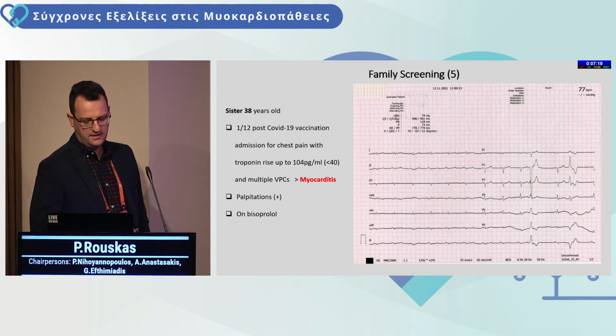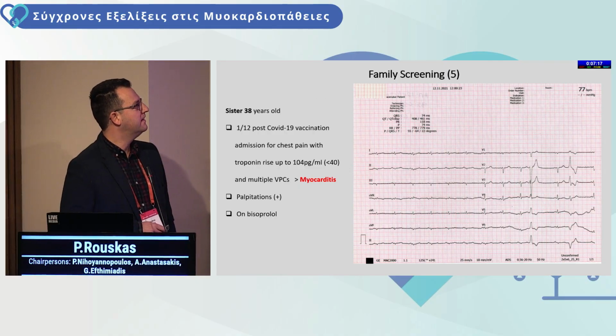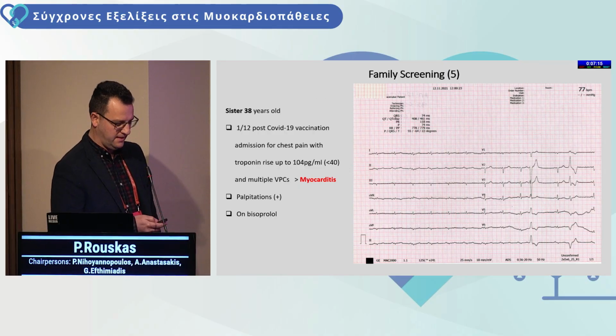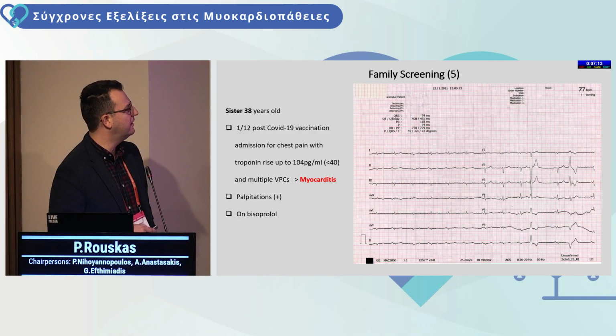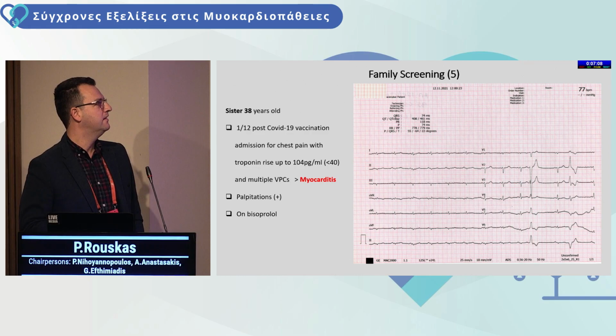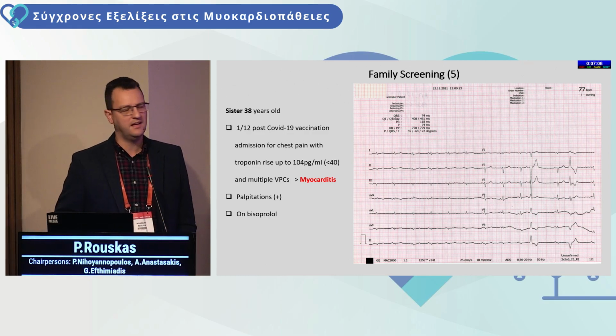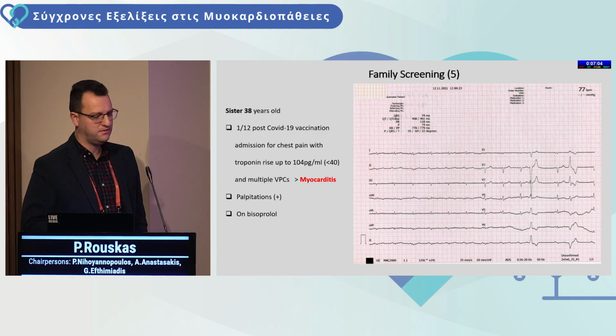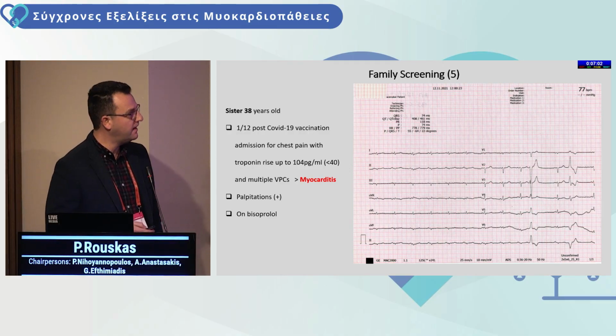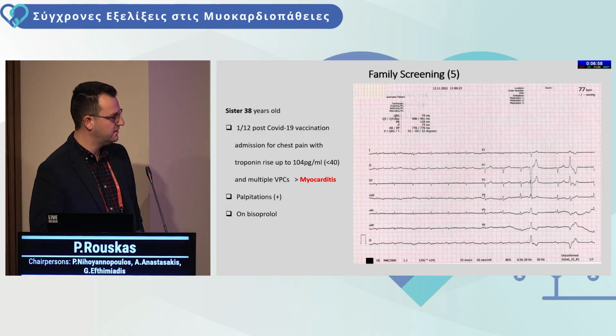And we conclude with the third sister of the proband, a 38-year-old lady who did have an admission. So, 1 month after COVID-19 vaccination, she was admitted with chest pain, troponin rise up to 104, and multiple ectopics.